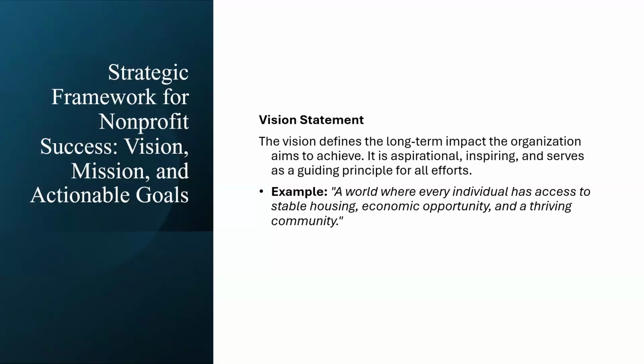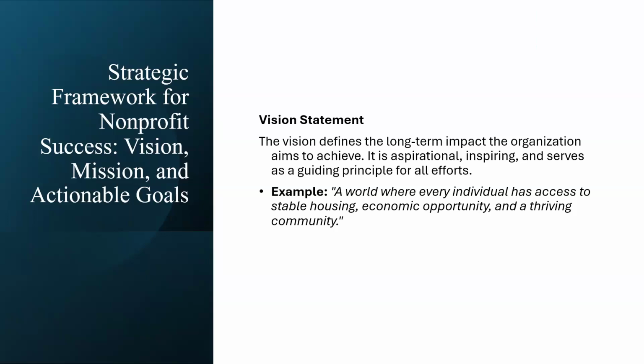The first thing we want to do is to create a vision statement. Read for me what a vision statement is. The vision defines the long-term impact the organization aims to achieve. It is aspirational, inspiring, and serves as a guiding principle for all efforts. Example, a world where every individual has access to stable housing, economic opportunity, and a thriving community.